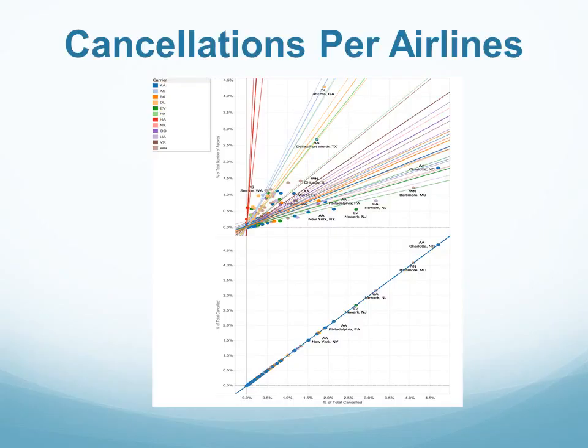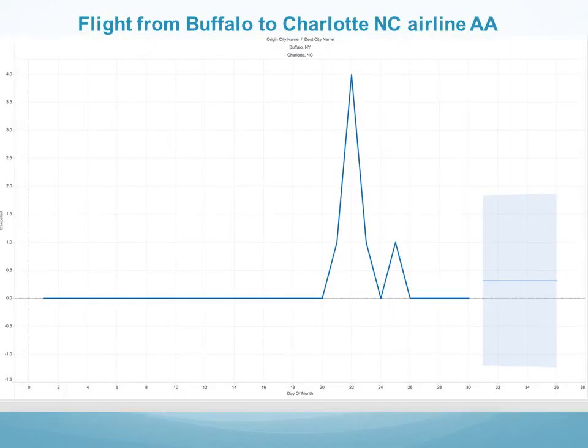On the other slides, adding on top of this, I tend to travel a lot from Buffalo to North Carolina or Buffalo to Maryland. So I wanted to see, after the data that I got, what the predictions are going to be and what the chances are of my flight being cancelled.